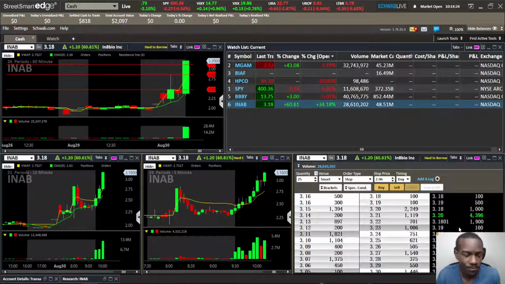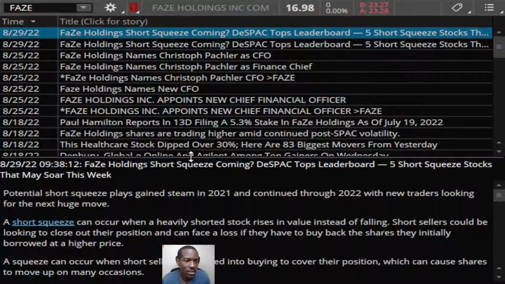Going on up. If we look over here on the daily chart, it is working its way. The next resistance is the 335s there on the daily chart.